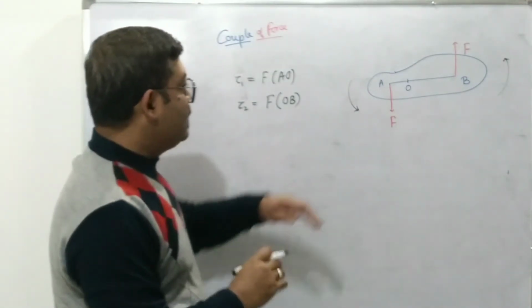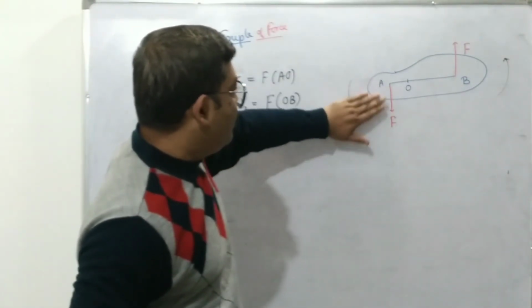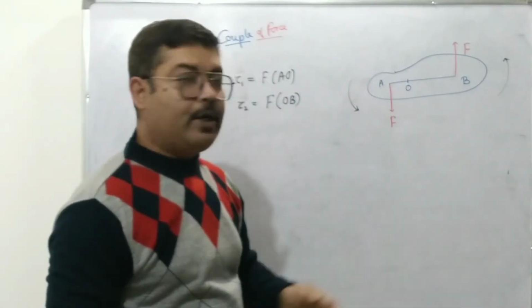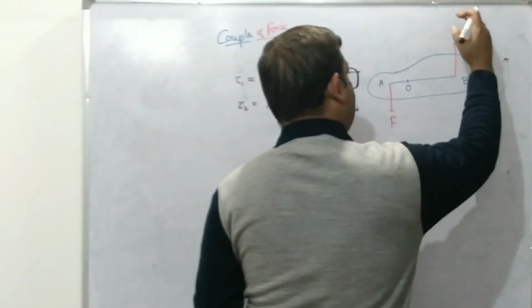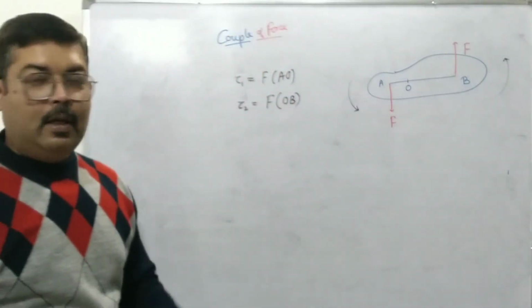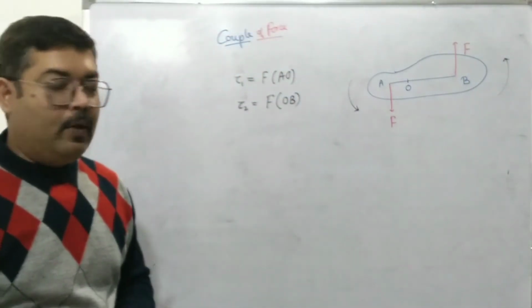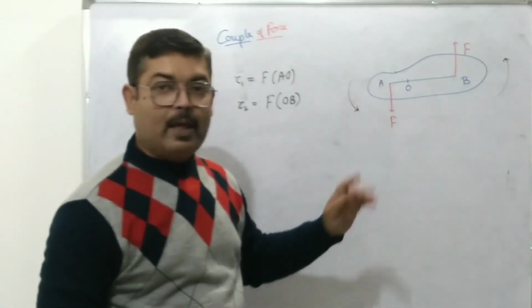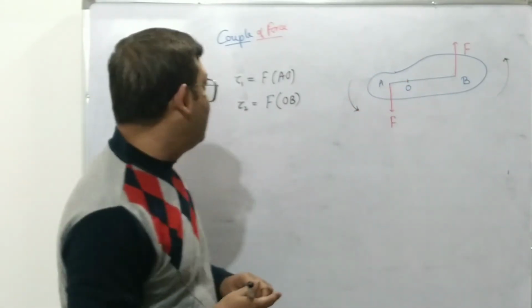Now what we see is that the first force at A tries to rotate the object in the anti-clockwise direction. The force at point B also tries to rotate the object in the counterclockwise direction, which means both torques act in the same direction and will add up.